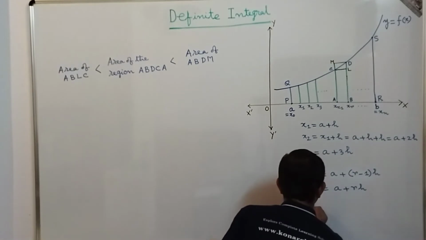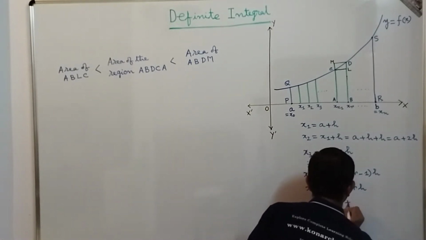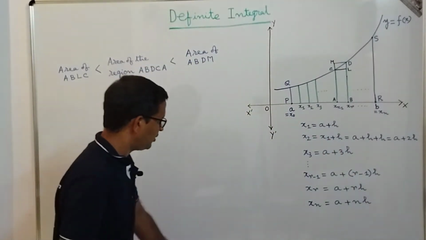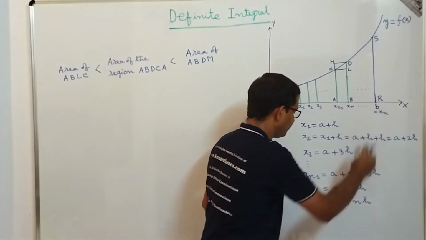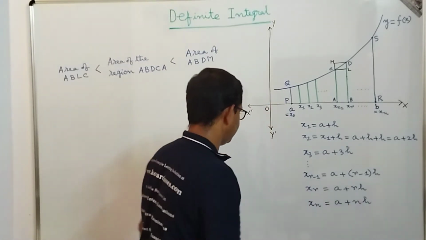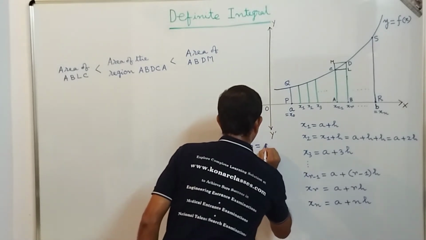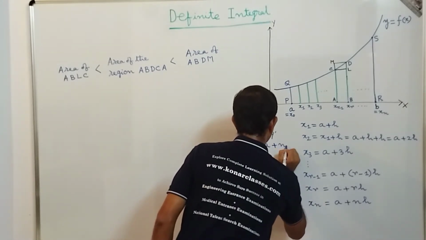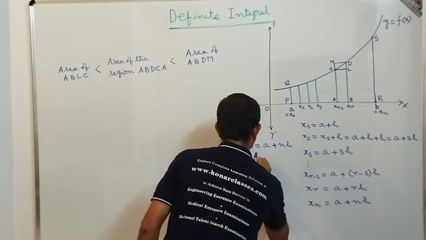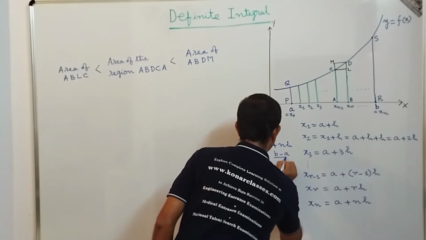So xn is equal to A plus n into H, and xn is B. So B is equal to A plus n into H. From here we can say, dear students, that H is equal to (B minus A) by n.